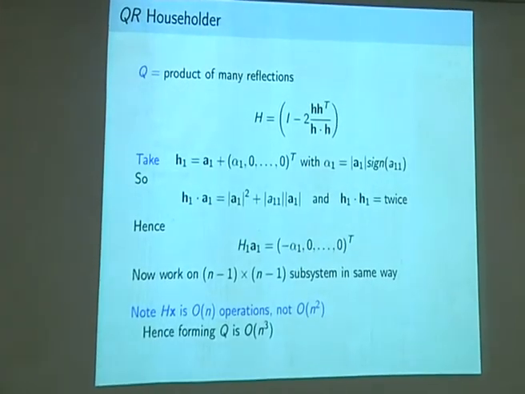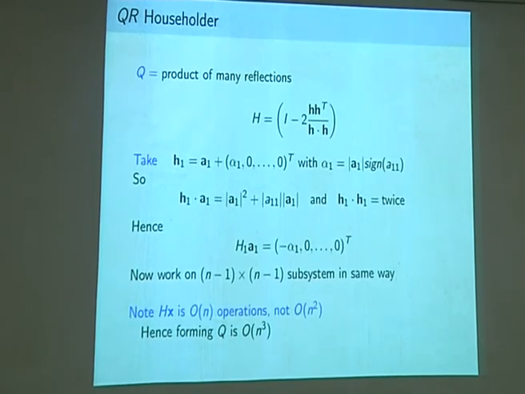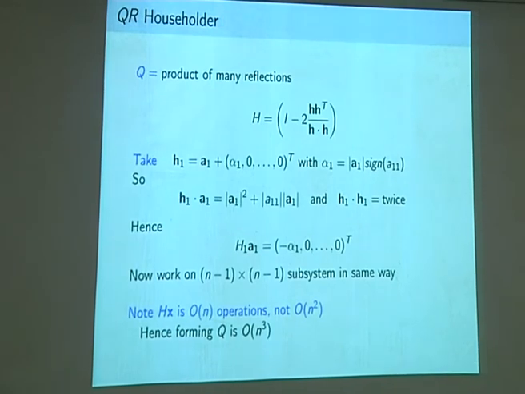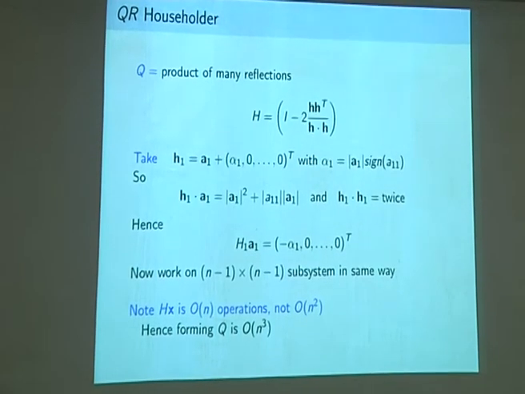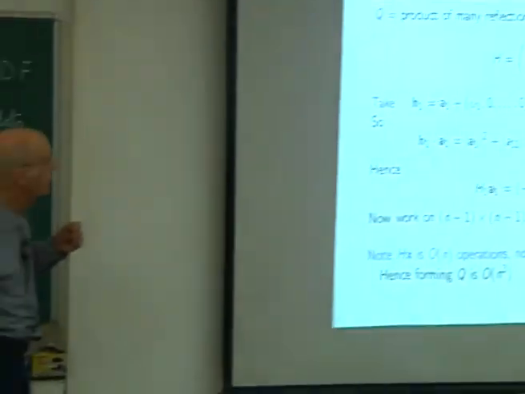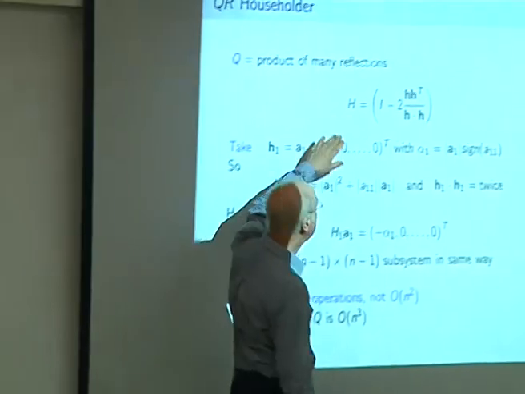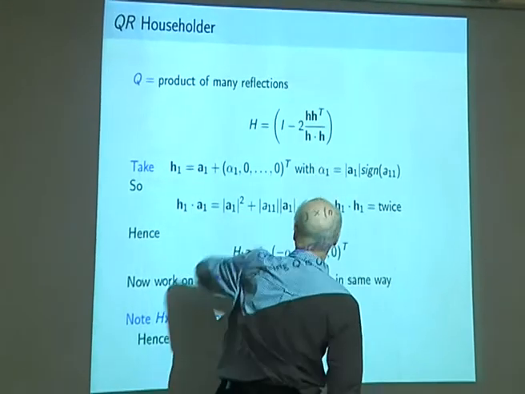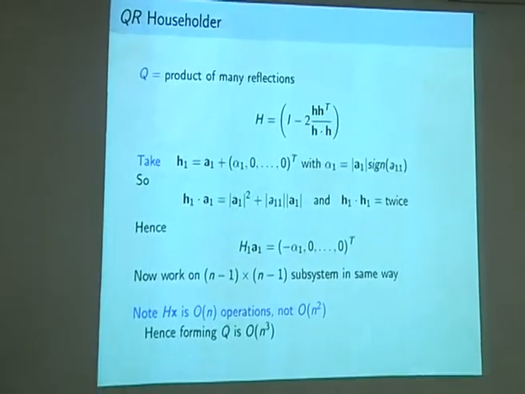Okay, the last one is more complicated. It's called Householder. And it represents Q, in fact R, as a product of reflections. So this happens to be a reflection. H is a vector. It may not be a unit vector.